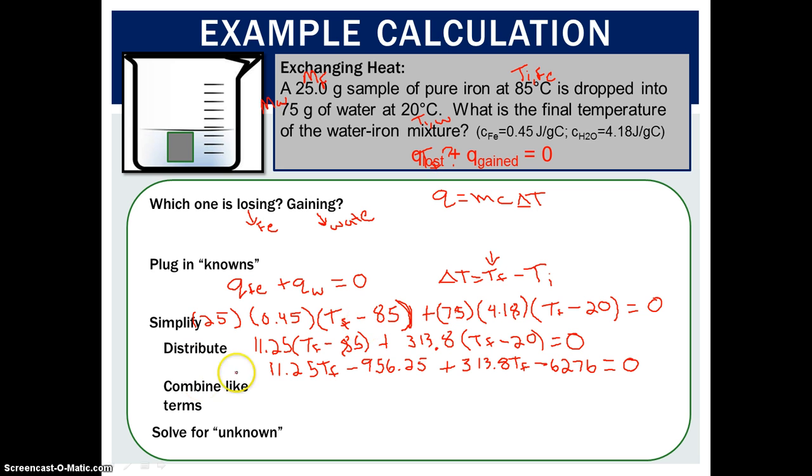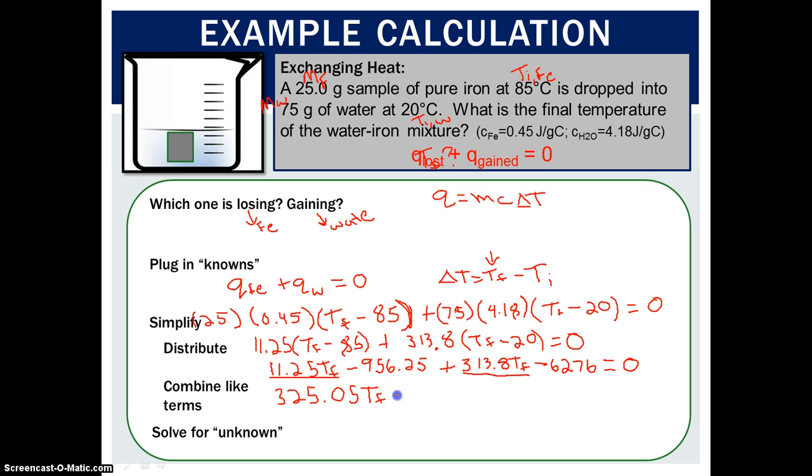Now my next step is going to be to combine like terms. So everything with a TF in it, I'm going to combine, add them together. So 11.25 plus 313.8 is 325.05, and TF stays there with it.